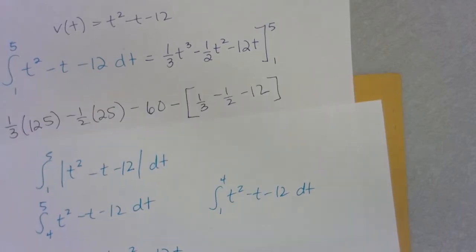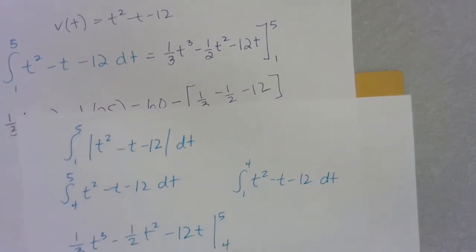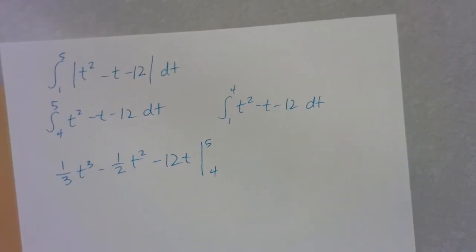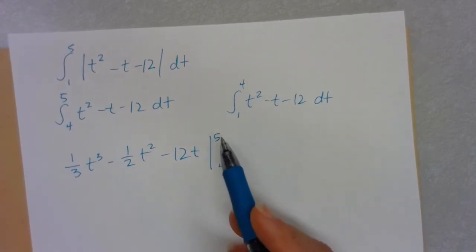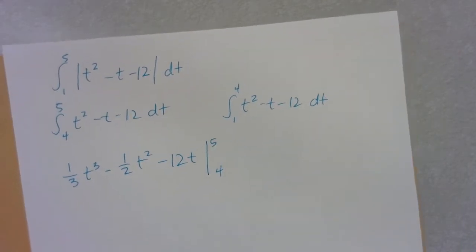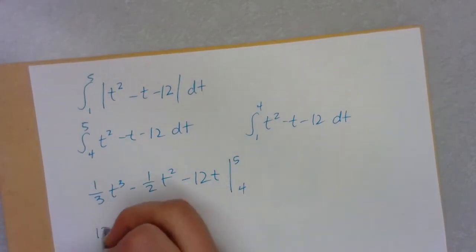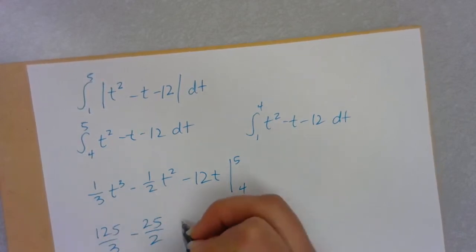Okay. So the first one that I'm going to do is the 5 to 4. I don't have to do this antiderivative again, I've already done it. So I just need to evaluate it differently. I plug in the 5 and I'm going to get 125 over 3 minus 25 over 2 minus 60.